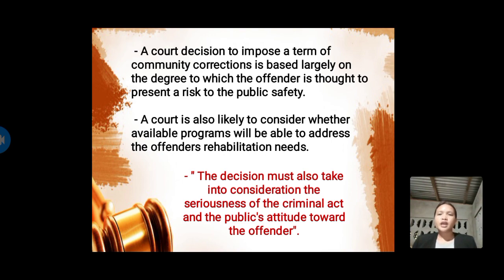So, if you are an offender and you will be part of community-based correction, the court decides that you will be in that kind of program. They are not just selecting people who are not capable of that kind of program.